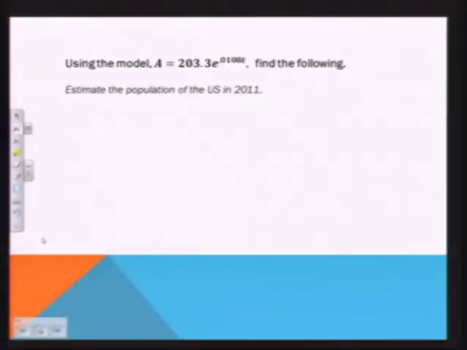On the next screen, we're going to use our model, A equals 203.3 million e to the 0.0108t, to estimate the population of the United States in the year 2011. Now remember, t equals 0 in 1970. So if t is 0 in 1970, 2011 will equal 41.